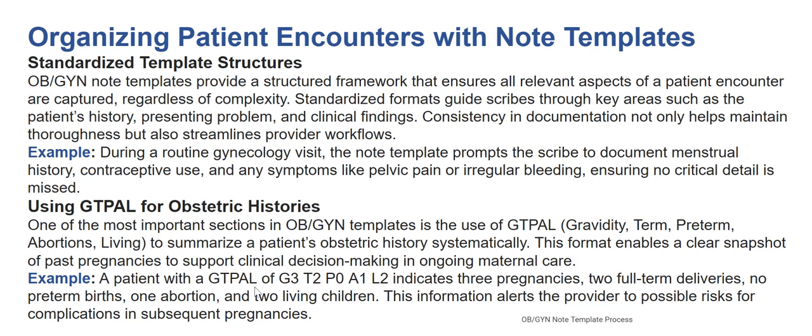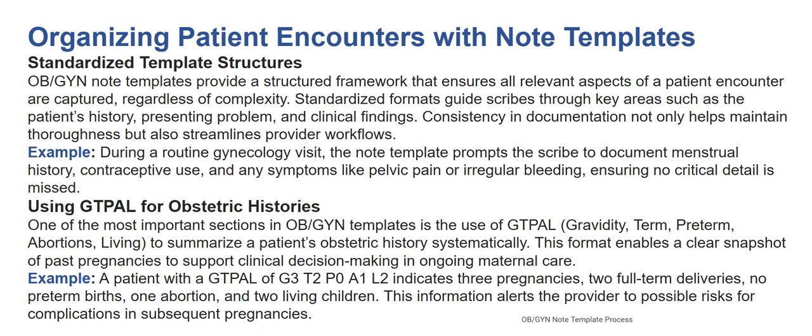Example: a patient with a GTPAL of G3 T2 P0 A1 L2 indicates three pregnancies, two full-term deliveries, no preterm birth, one abortion, and two living children. This information alerts the provider to possible risks for complications in subsequent pregnancies.